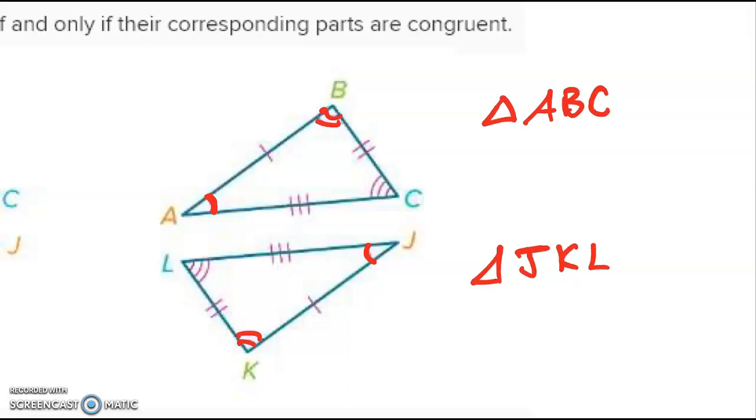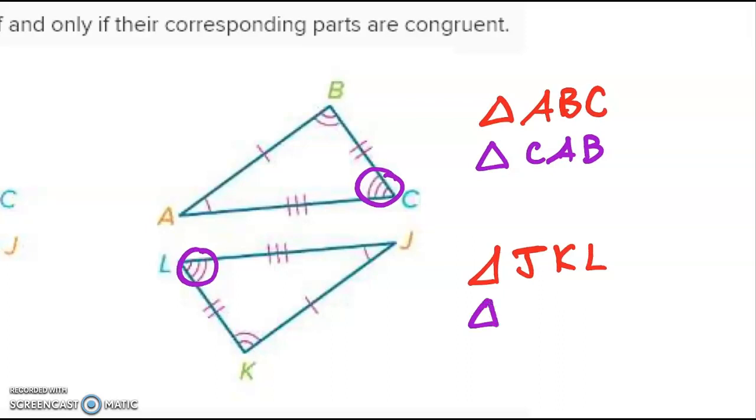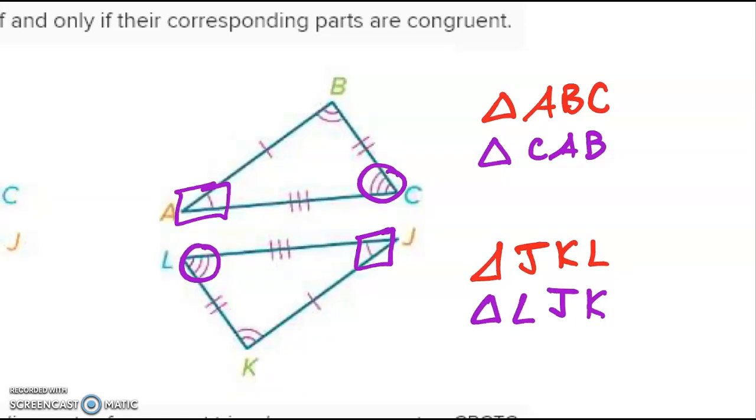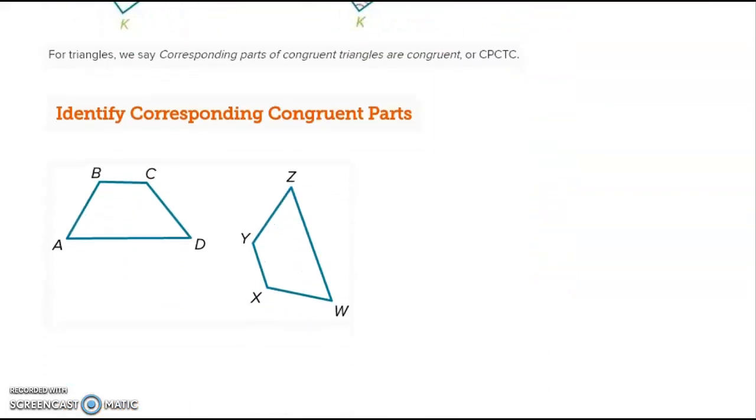Likewise, if I name this in a different order, triangle, let's just say CAB, then I would have to go in that same order. So C matches up with L. I would have to say triangle L, and then A matches up with J, and then K has to be last. So it is necessary for us to name these in the correct order with their corresponding pieces. Something we'll get more used to, okay?